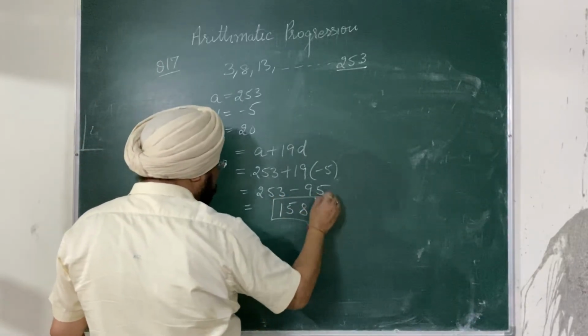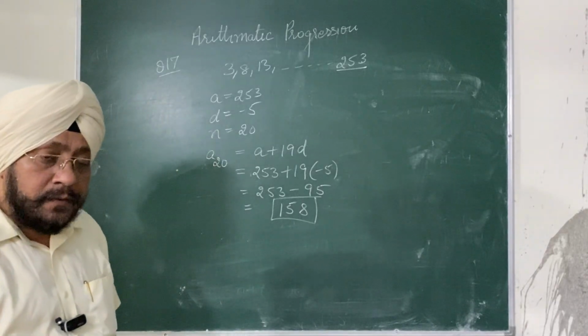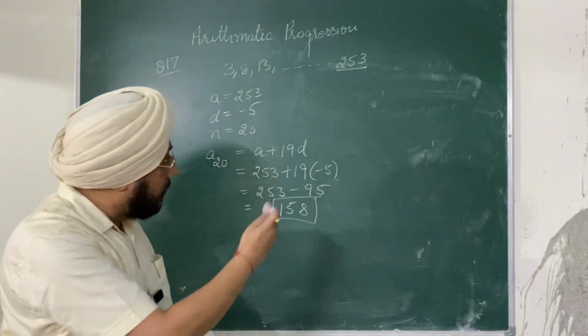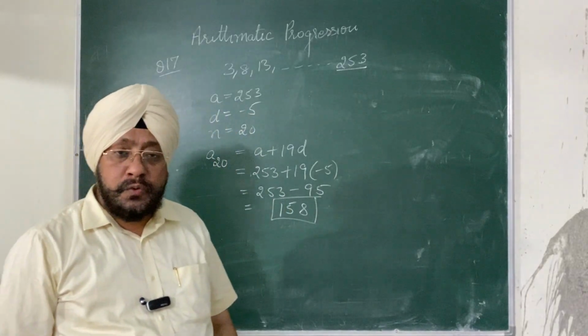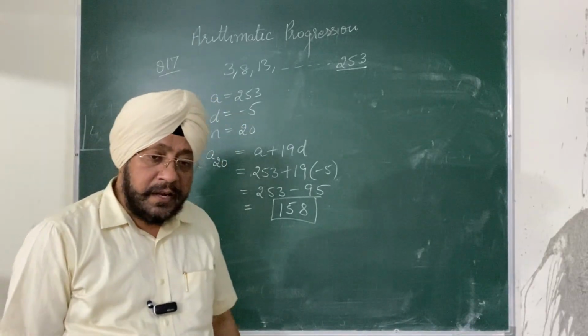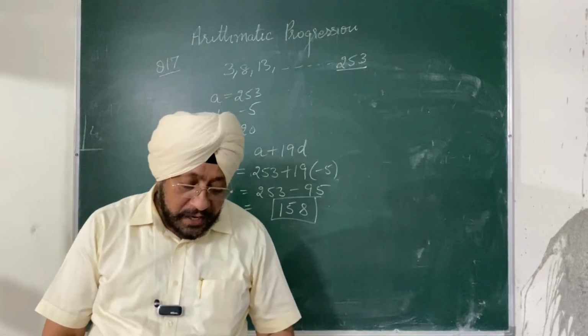So the answer will be 158. It means the 20th term from the last term must be equal to 158. So this is sum number 17. Let's come to question number 18.